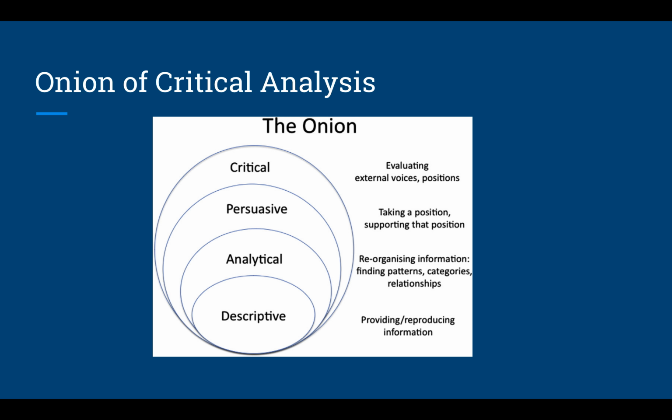Third, we have persuasion. This is really taking a position and using persuasive sources to, well, persuasively support that position. You want to persuade the reader of your argument. Finally, at the highest level, we have critique.